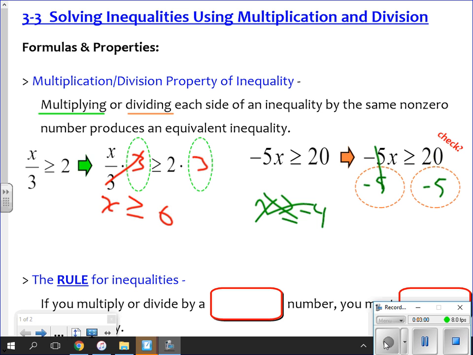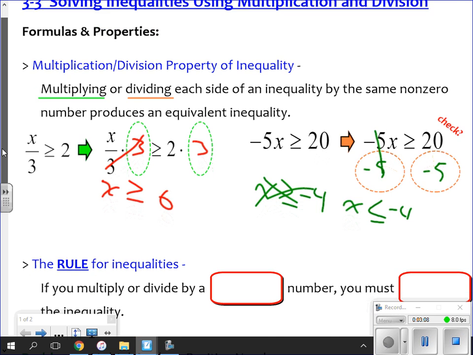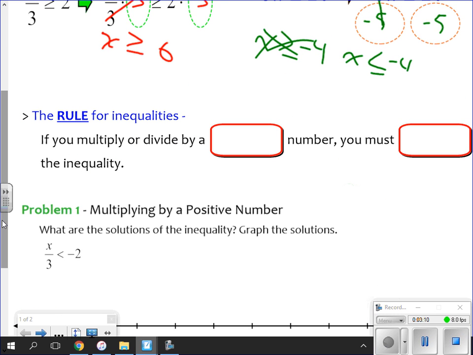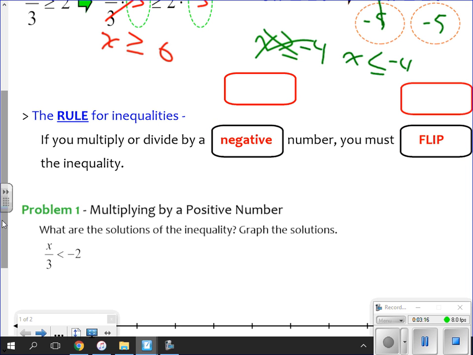What you need to do, as Sonny was saying, is you need to switch the inequality around. And here is our rule. If you multiply or divide by a negative number, then you must flip the inequality.